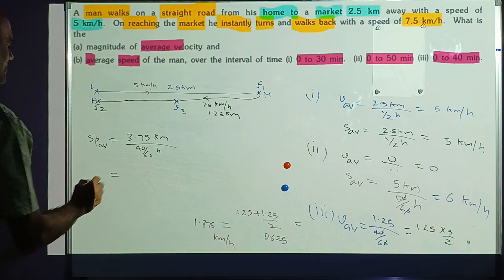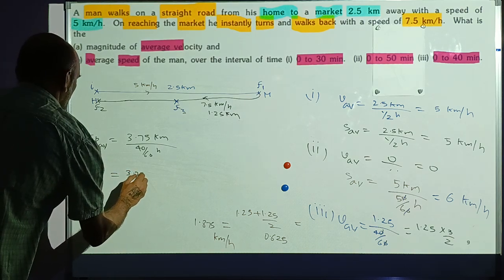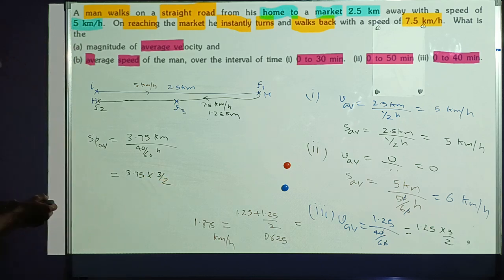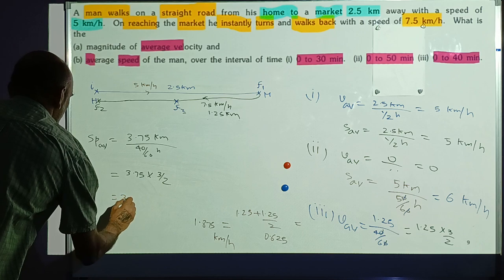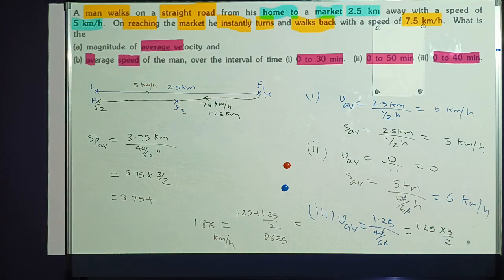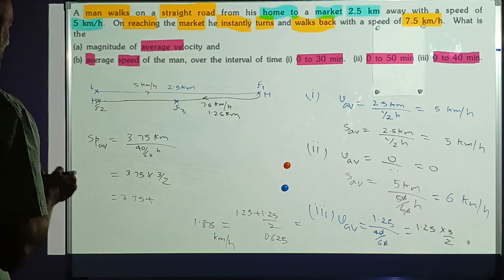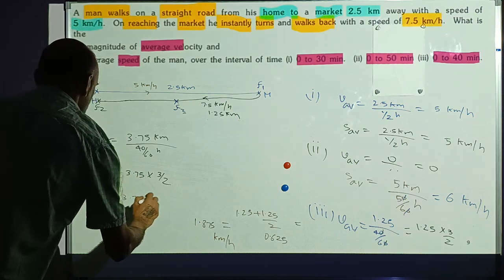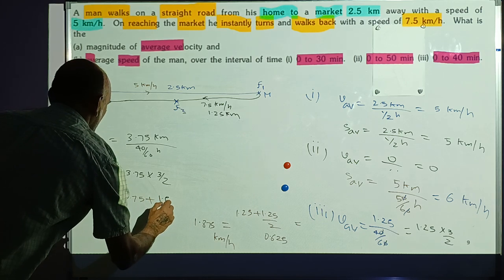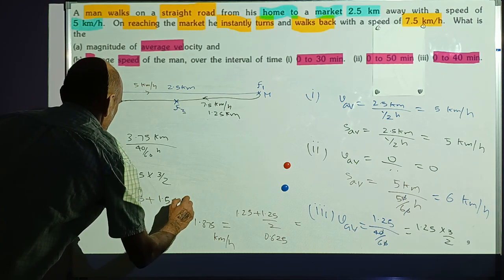So this is 3.75 into 3 by 2. So in the same way, this is 3.75 plus half of 3.75, which is half of 3 is 1.5 plus half of 0.75.